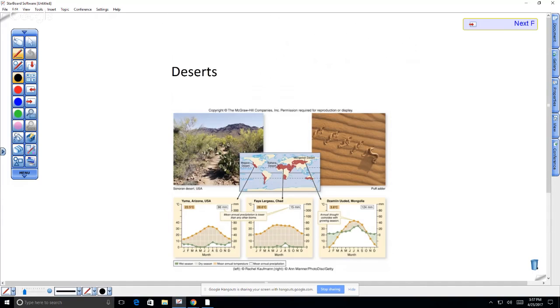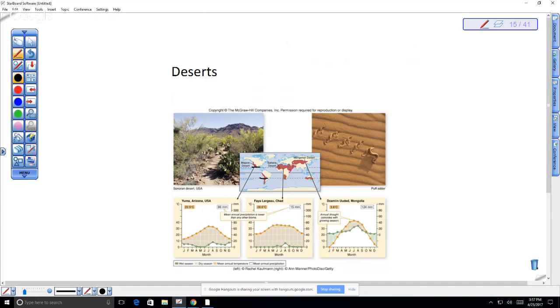Okay, so deserts. Notice that the deserts are generally about 30 degrees north and south of the equator, and they are characterized by hotter temperatures and low precipitation.